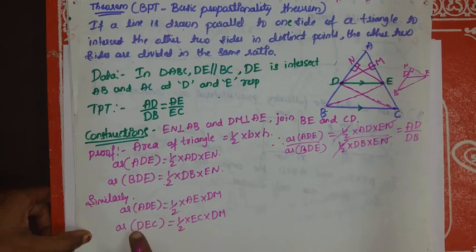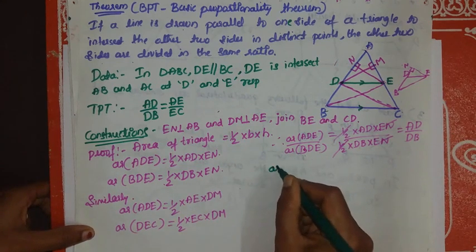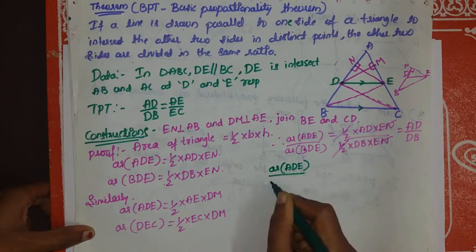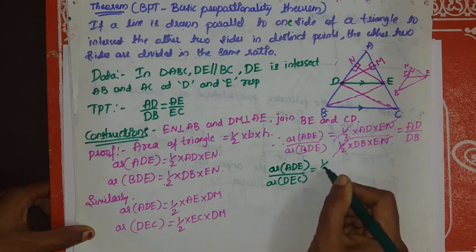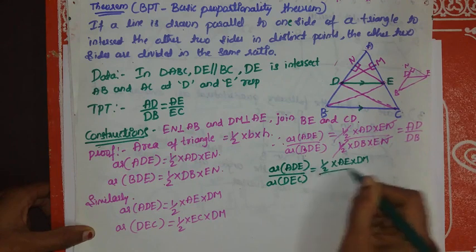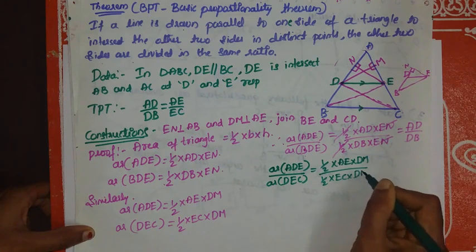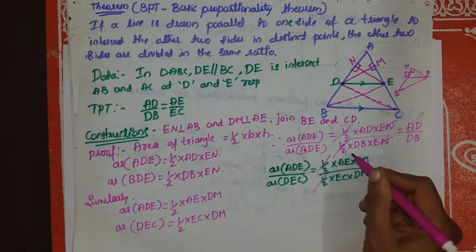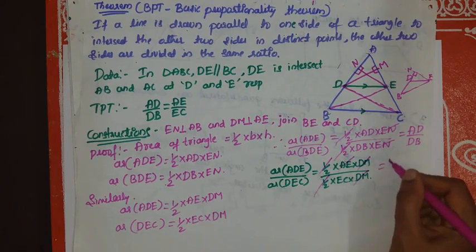Similarly for the second one, area of ADE divided by area of DEC equals half into AE into DM divided by half into EC into DM. Half gets cancelled, DM gets cancelled, and we have AE by EC.